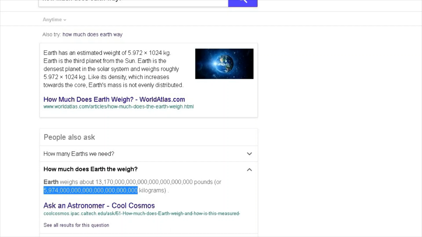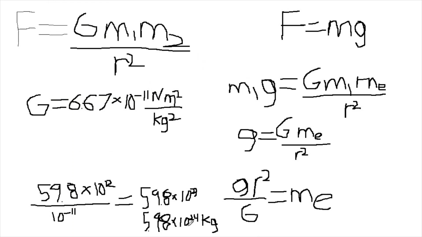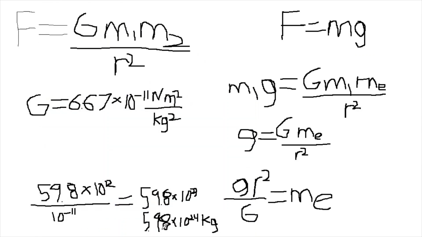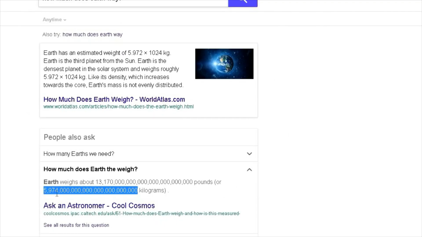So our estimate over here is actually pretty close. There, 5.98. Here it's 5.974 times 10 to the power of 24. So we got it pretty accurate.